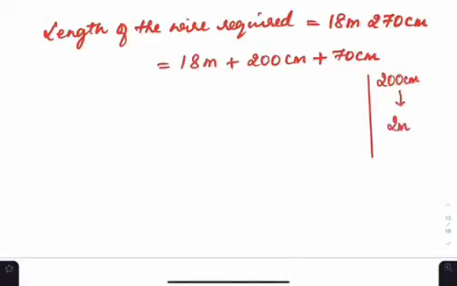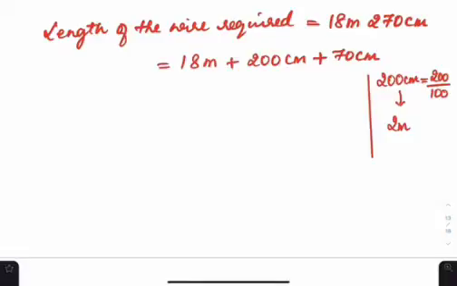Did you all get it? Just check out the conversion part, what we did. So 200 centimeters to meters, when we converted, we actually divided it by 100. So 200 divided by 100 is nothing but 2 meters. I'll write it down here. Correct?